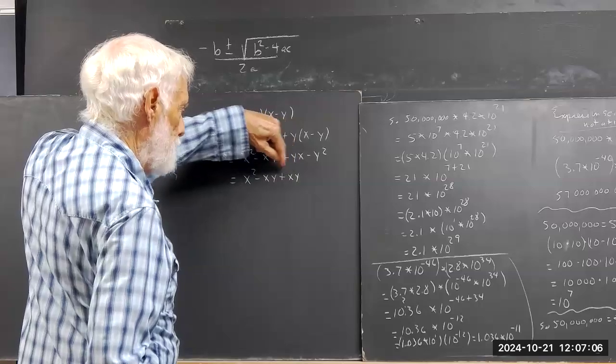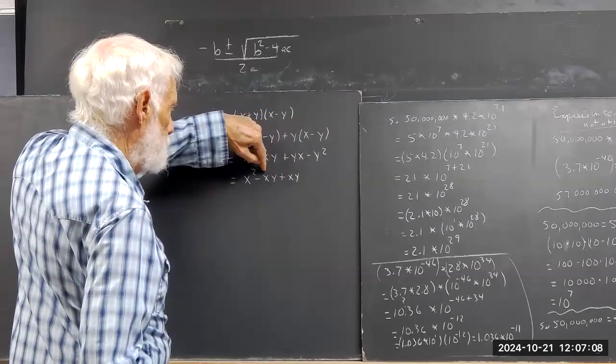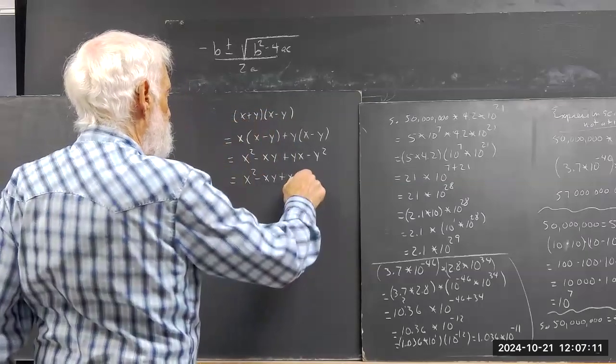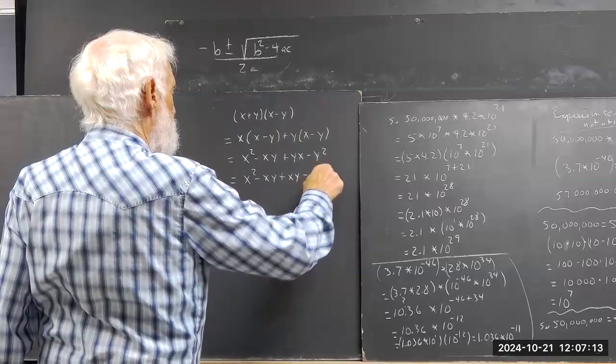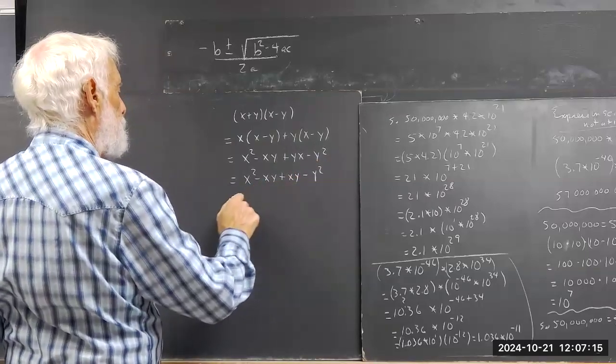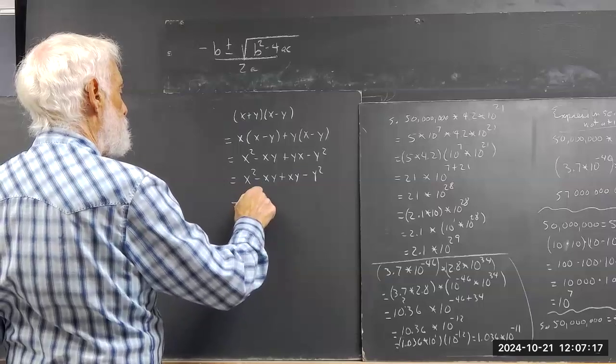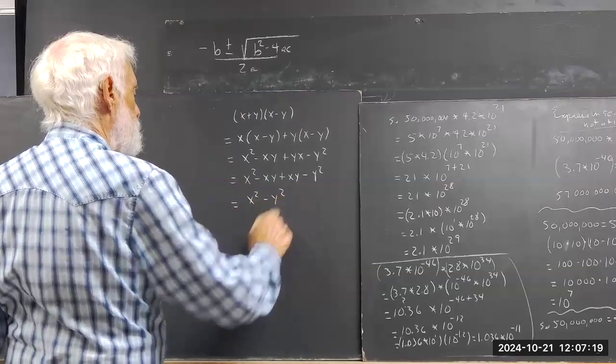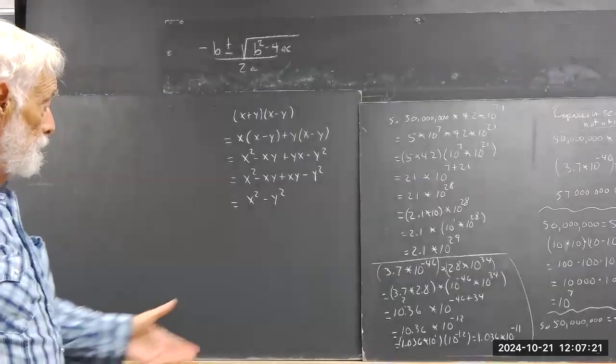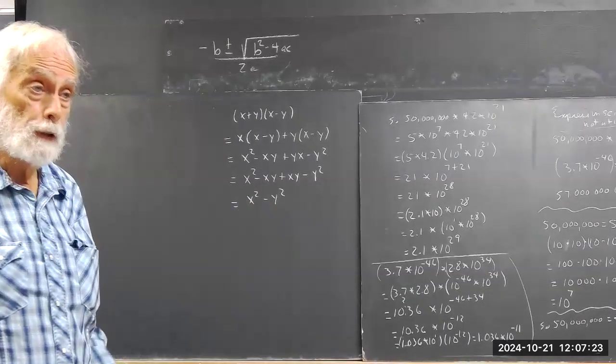Rewriting yx alphabetically as xy, we see it matches this except for the sign. So these two are equal and opposite. They add up to 0. All we are left with is x squared minus y squared.